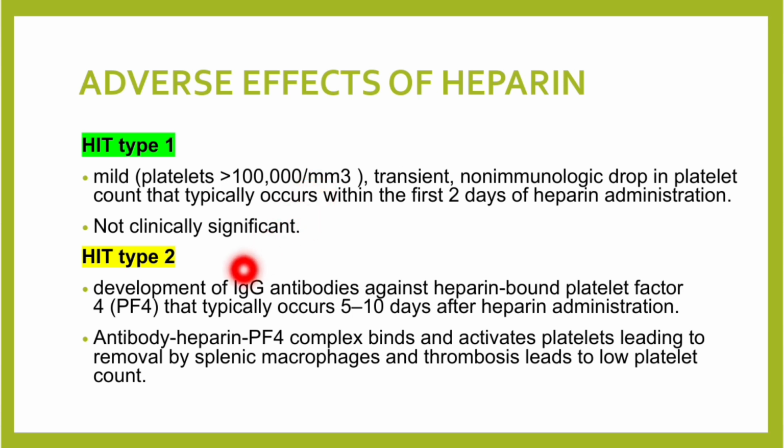Type 2, however, is more dangerous. This is the development of IgG antibodies against the heparin-bound platelet factor, right? That's PF4. That typically occurs 5 to 10 days after heparin administration. So previously I said 7 days is within this range, but if you take 5 to 10, right, this will be perfect.